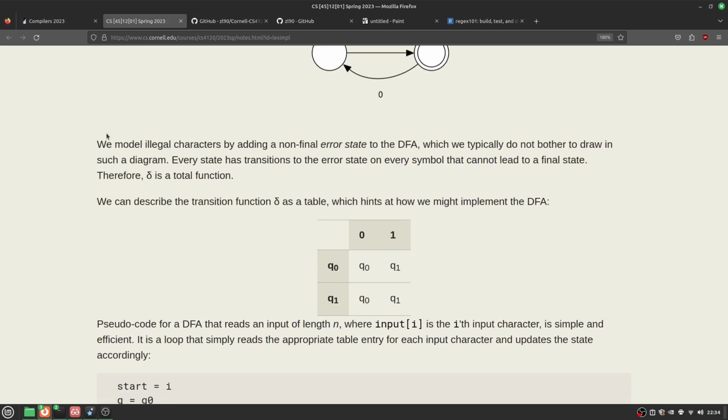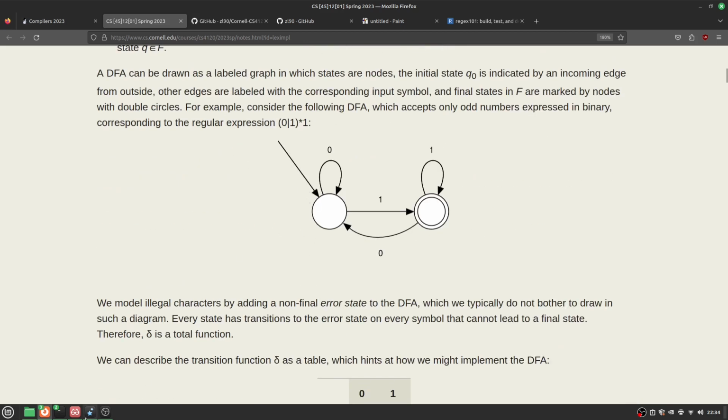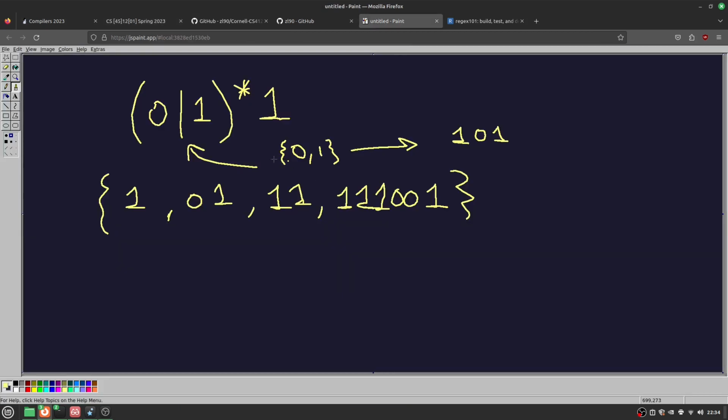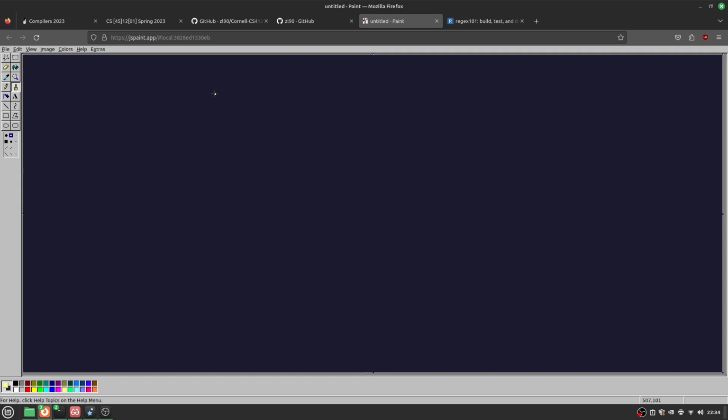We model illegal characters by adding a non-final error state to the DFA, which we typically do not bother to draw in such a diagram. Yeah, makes sense. So I get what they're saying. So you would have an entry point.